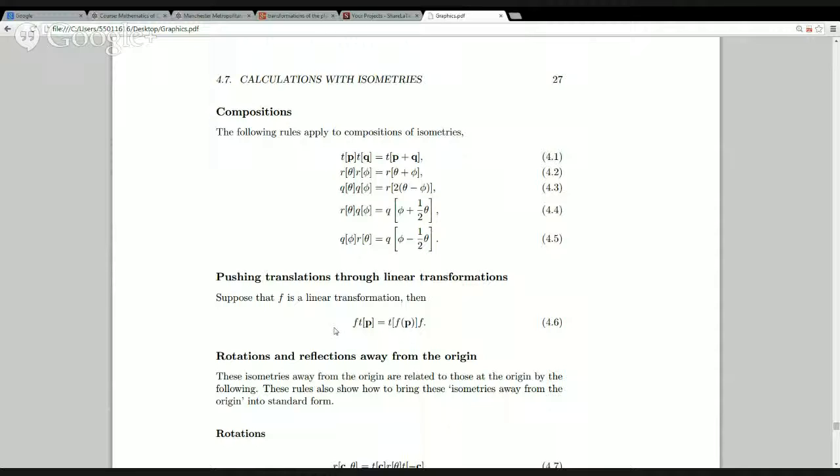If you translate first and then apply a linear transformation to it, and the rotations R and reflections Q are examples of linear transformations, you can push the translation through the linear transformation, and it pops out the other side as translating not by P, but by f of P, where f is the linear transformation. And the f is unchanged. The f is still the same linear transformation.